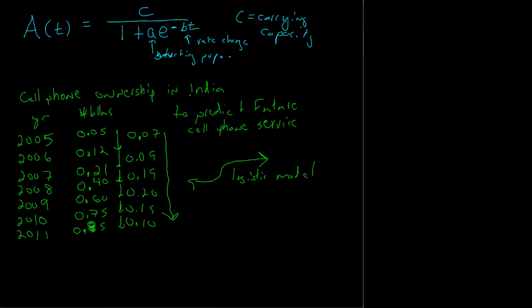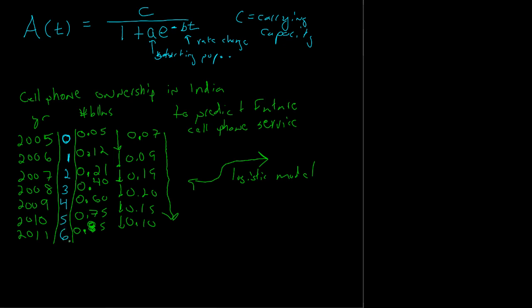And the other thing I'm going to do here is I'll do this in blue right down the middle. I'm going to change my years. I don't want to enter huge numbers into my t. So we're going to say this is year 0. This is year 1. This is year 2. This is year 3. This is year 4.